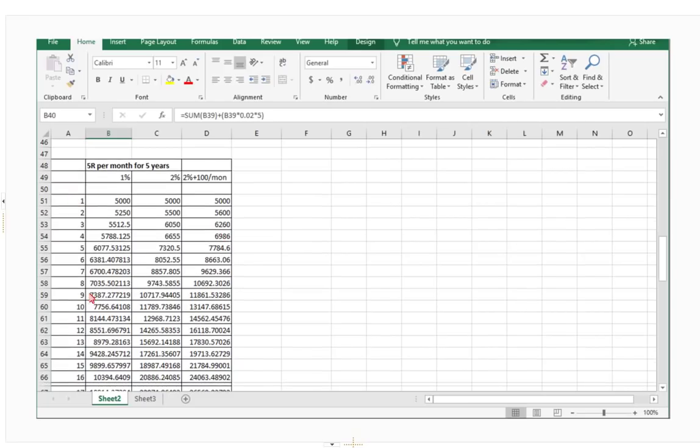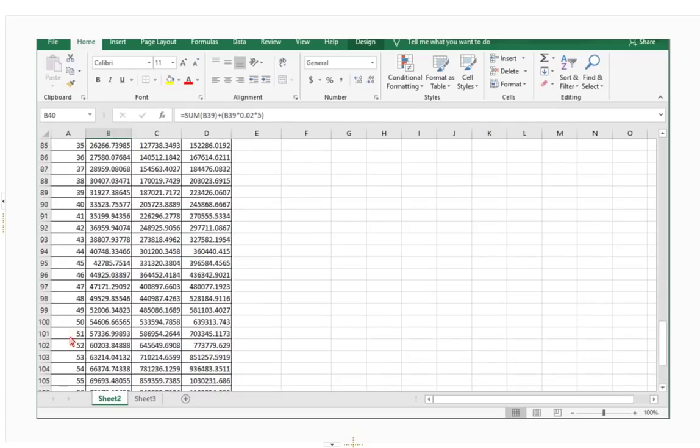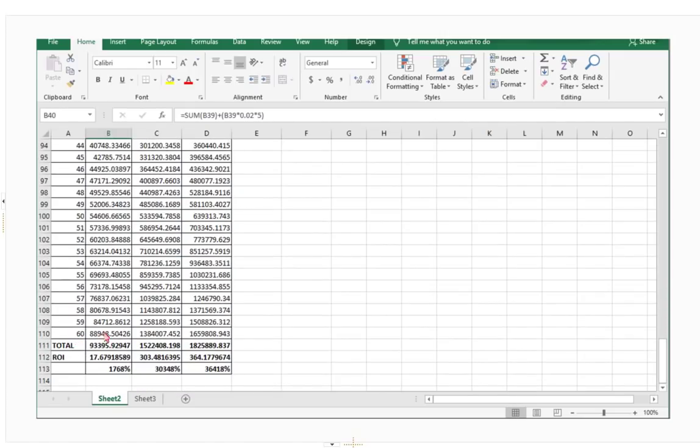So we go month by month all the way down to 60 months, 5 years. At 1% risk, at the end of 5 years, $5,000 grew to $93,395. 2% risk grew to 1.5 million, and 2% risk with that added monthly made you an extra 300 grand.